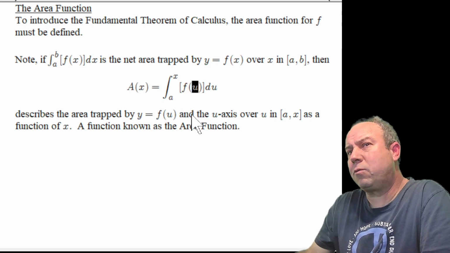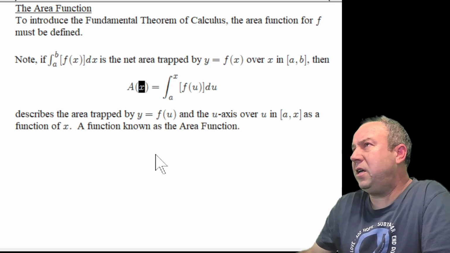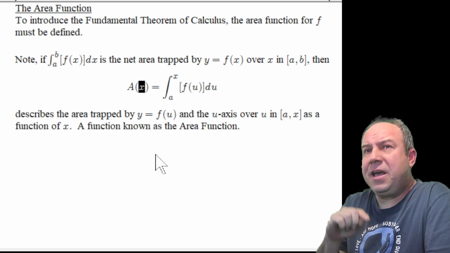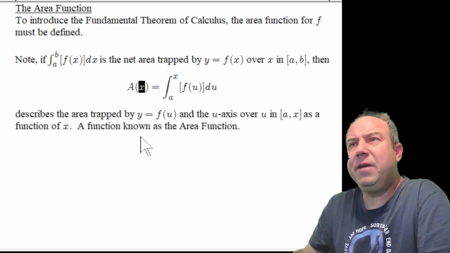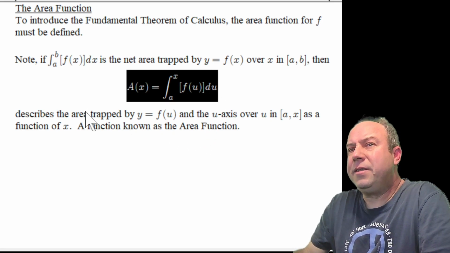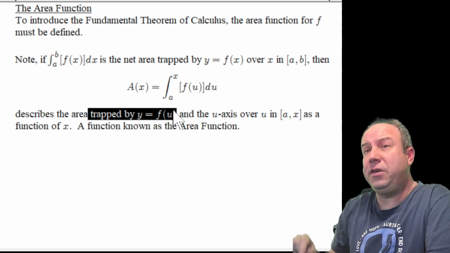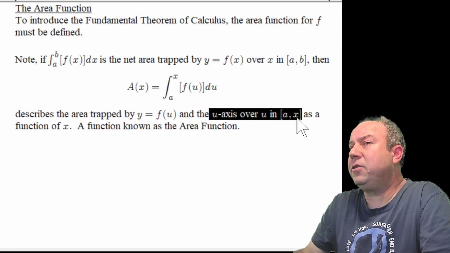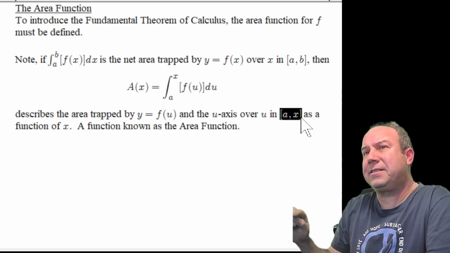u is going to play the role of a dummy variable, where x is going to play the role of an independent variable in a function that describes area. This here is a function that describes area: the area now trapped between the function f of u and the u-axis over values of u in some interval from a to x.